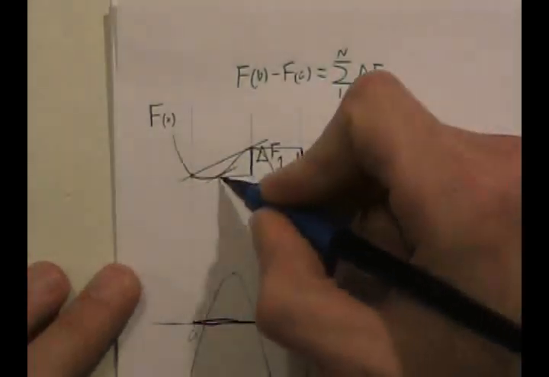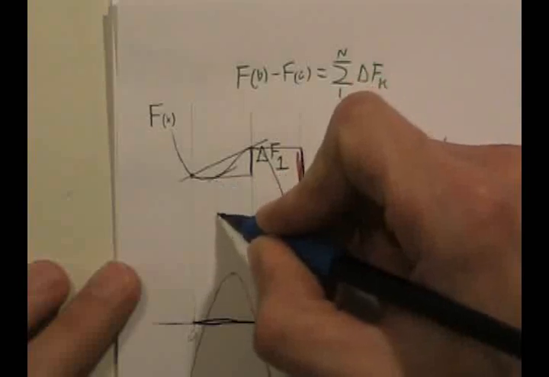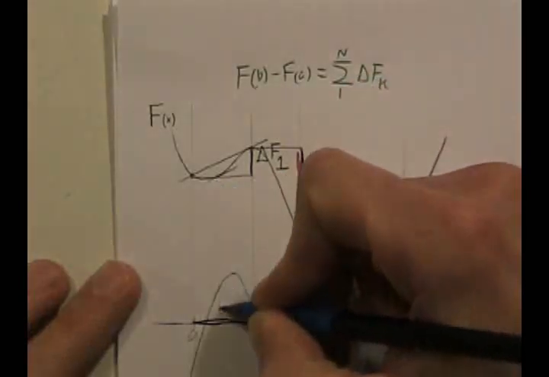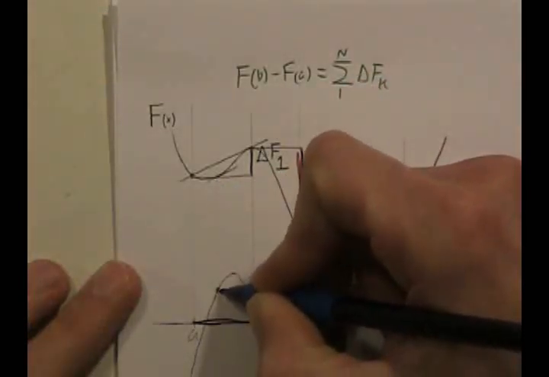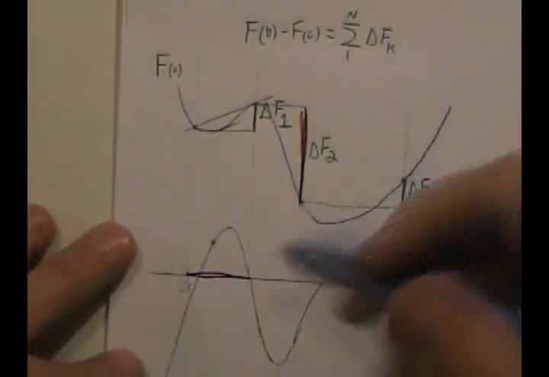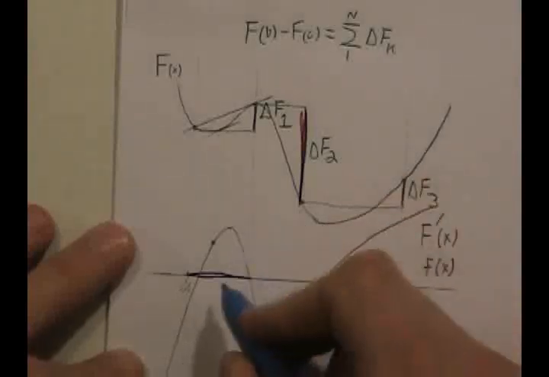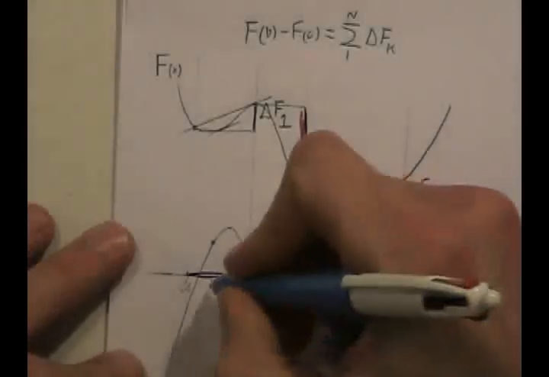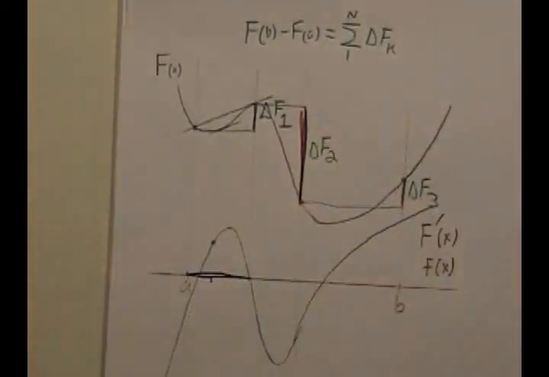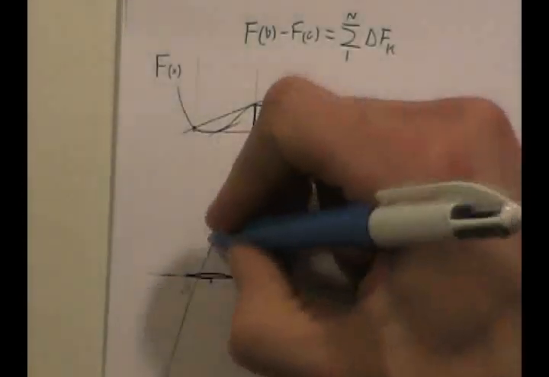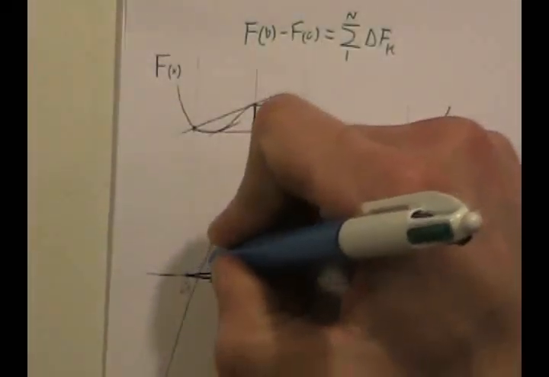So if I draw a little dotted line down here, on the derivative, which I now have shown here, x1 star is this value of x, and F prime of x1 star is this height.